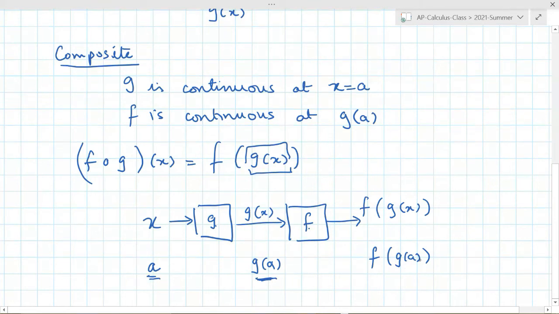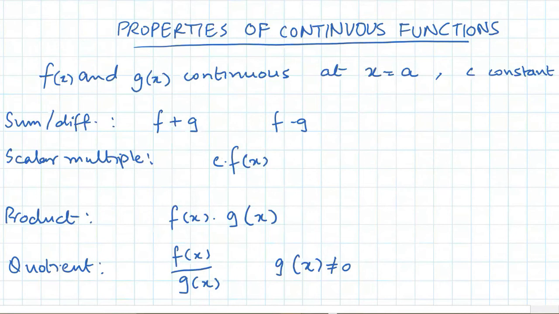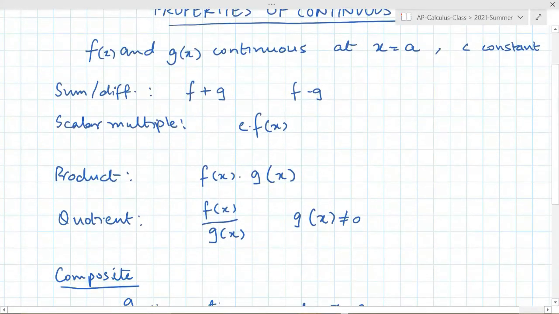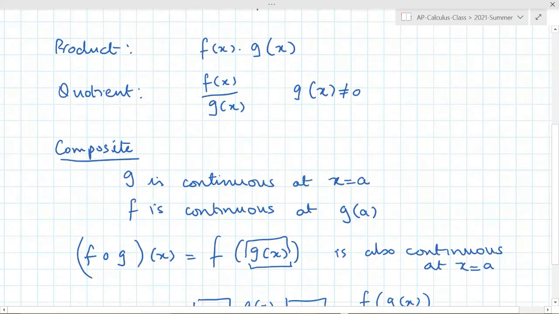So if these conditions are true, that g is continuous at x equals a and f is continuous at g of a, then f of g of x is also continuous. So these are the results. These are the properties of continuous functions, using which you can figure out if a function is continuous. If it is made of some other functions and you knew that those functions were continuous at that point, then we can say that the new function is also continuous if it follows one of these properties.